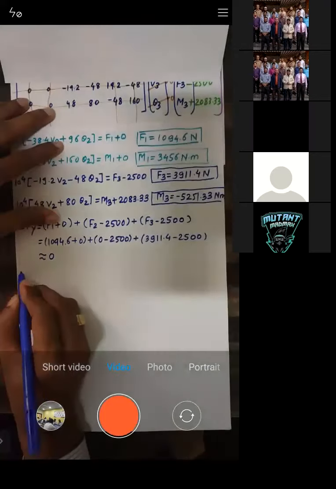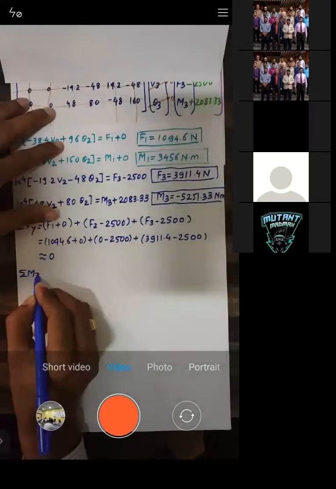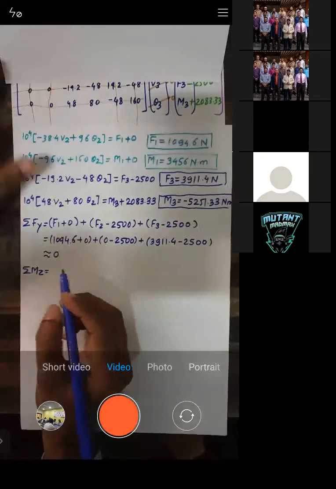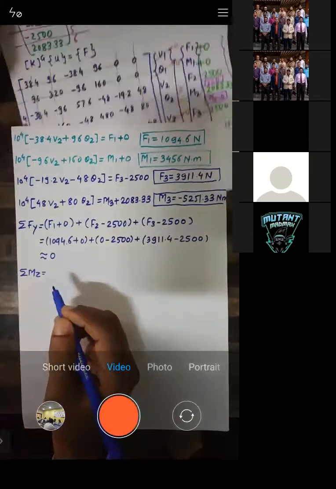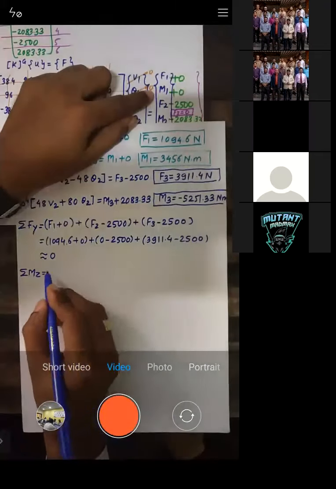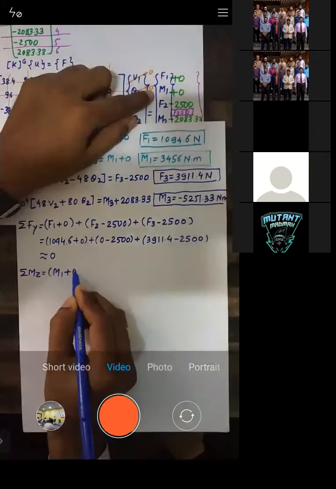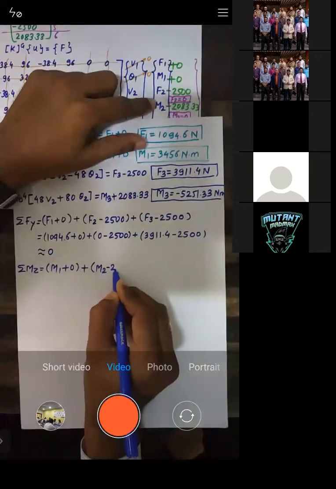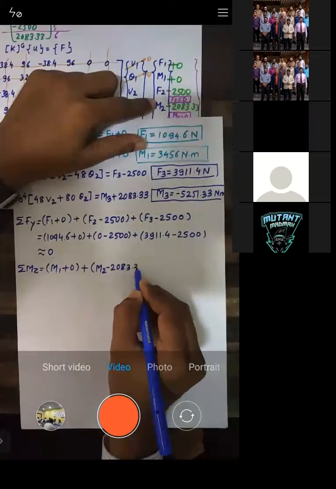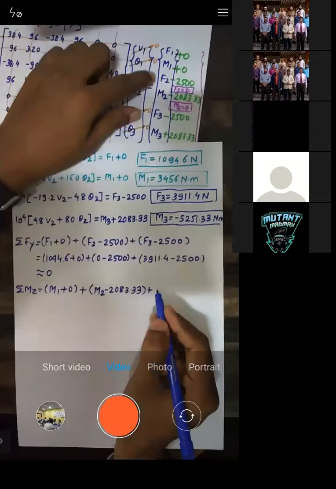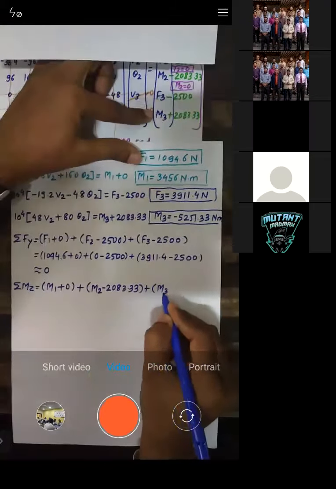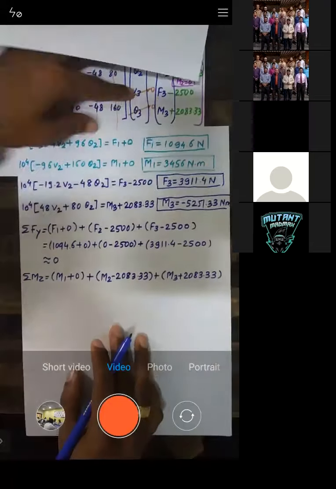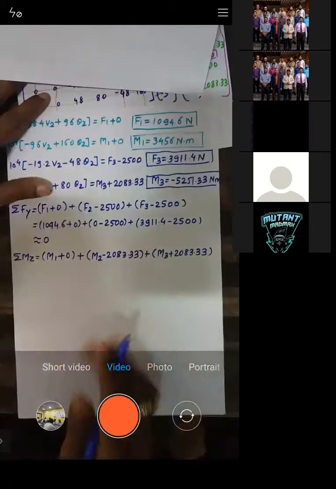Now let us calculate the summation of the moment about z axis, and I will tell you this will not be equal to 0. Summation will never be equal to 0. So how to count that? Again, M1 plus 0 plus M2 minus 2083.33 plus M3 plus 2083.33. So let us do this calculation.